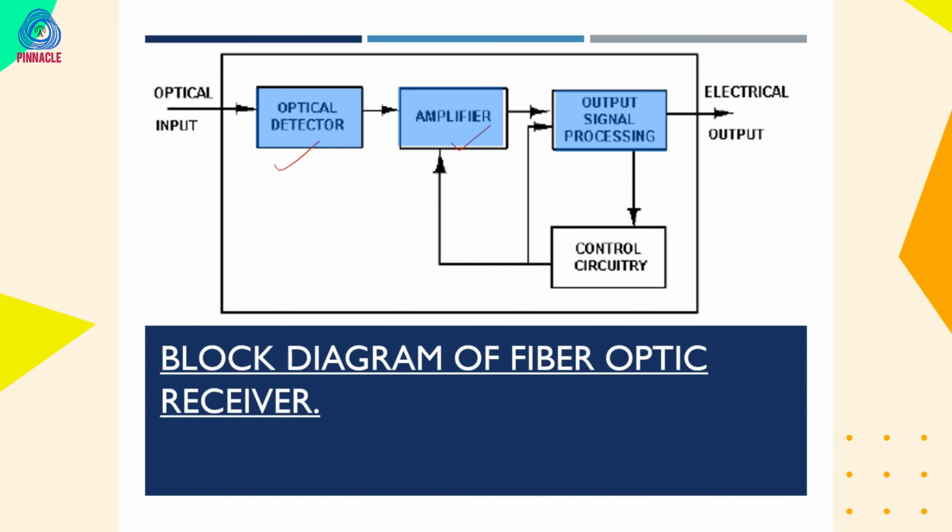Why do we require this? For the entire circuitry and control circuitry. Basically, the receiver consists of the optical detector device and the entire signal processing circuit, which converts the optical or light signal into an electrical output. This is a block diagram of a fiber optic receiver.